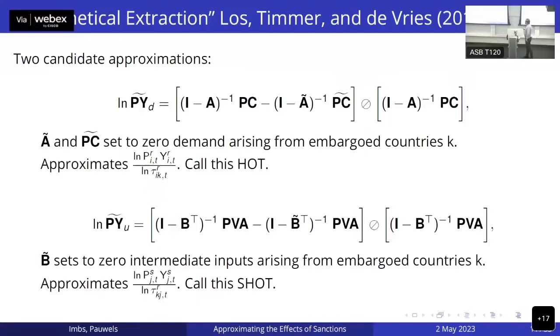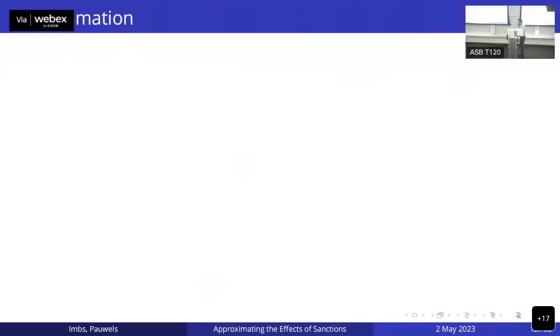And similarly here, we modify B so that we can remove all the inputs that are coming from the country-sector that's being embargoed. And so we can look at the difference between these two, and that will give us the approximate response to a trade embargo in this case.